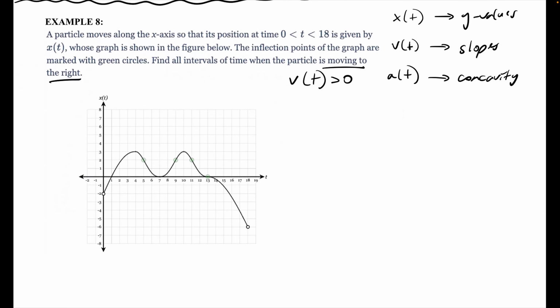So according to my sliding scale, v of t is going to be the slopes, increasing, decreasing. So the first thing I'm going to do is find where it is increasing and where it is decreasing. Increasing will be yellow. Decreasing will be the same color I used earlier, that pink color.